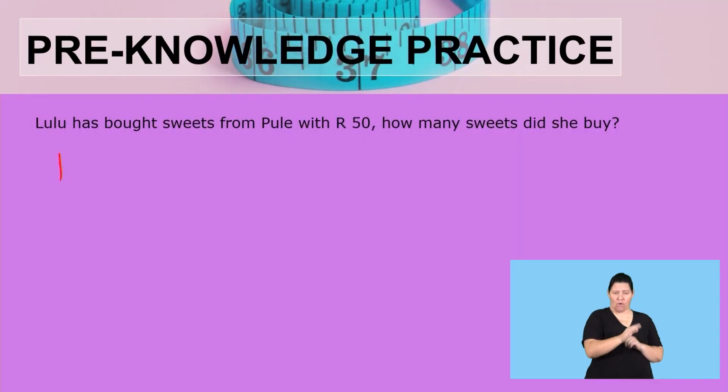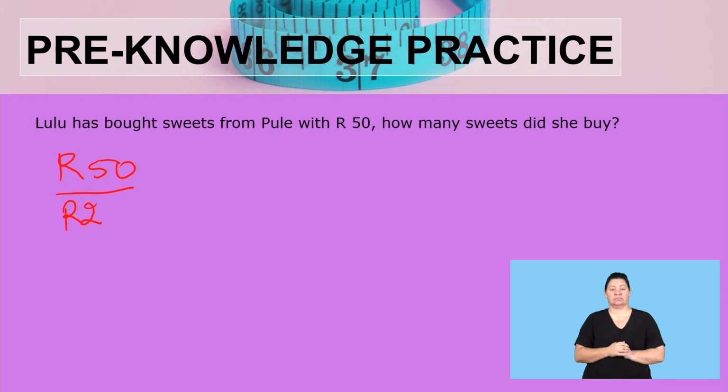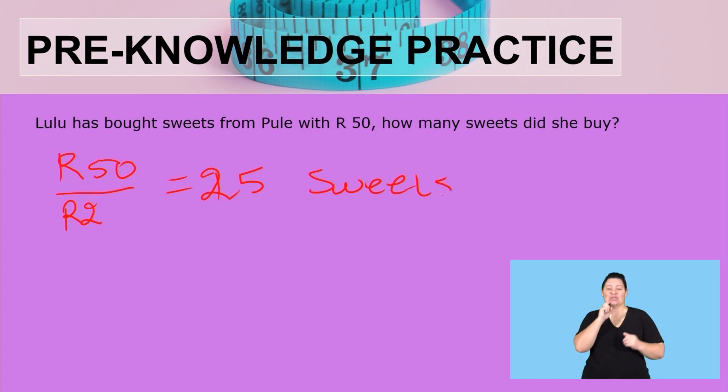So because she bought with 50 rand, we can divide 50 rand by 2 rand. We can divide together. 50 divided by 2, we get 25 sweets. So this is the number of sweets that Lulu will buy with the 50 rand.